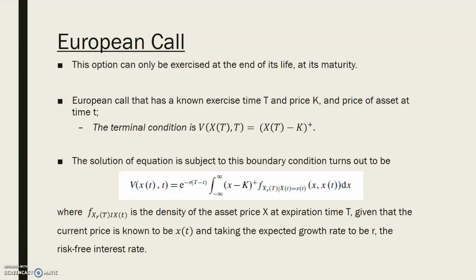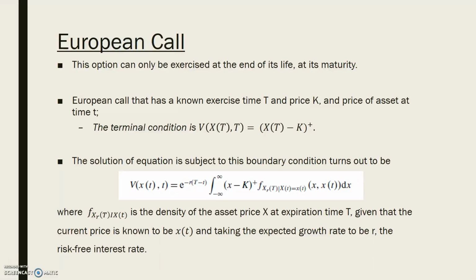Alright, so the European call. This option can be exercised only at the end of its life, at its maturity. Consider a European call which has a known exercise time T and price K, and also the price of the asset at time t. The terminal condition in this case will be V of X(T), T, which is equal to the max of X(T) minus K, 0.